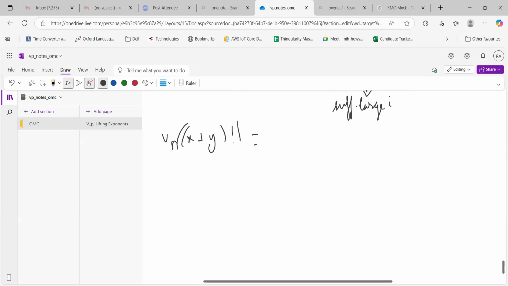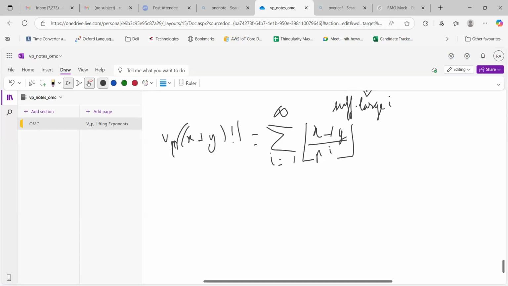You can just directly write this as the summation of floor of (x plus y) by p power i, i equals 1 to infinity. Right? Did everyone get this? We don't even need to use the VP of x plus y formula over here. Have you understood?